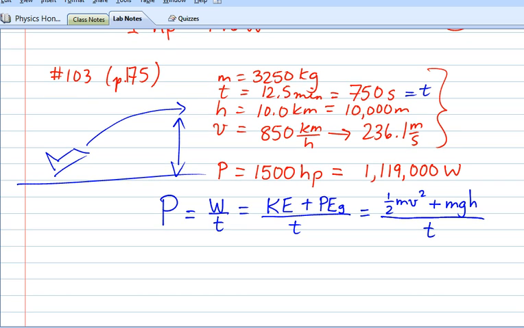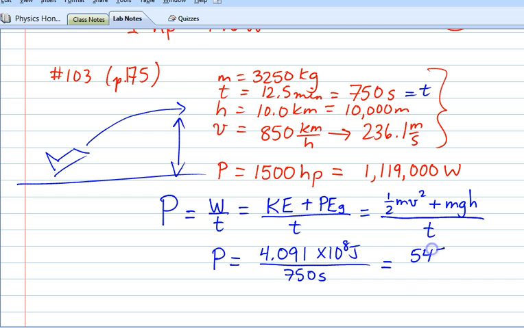I'm not going to plug in all the numbers, you can do that later, but the power we get from this is about 4.091 times 10 to the 8th joules over 750 seconds, which is a power of 545,400 watts.